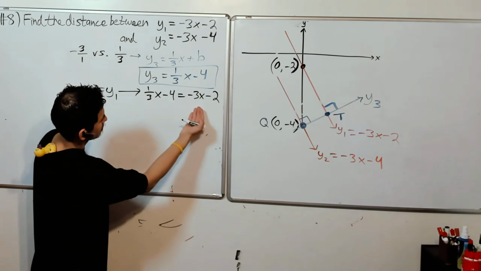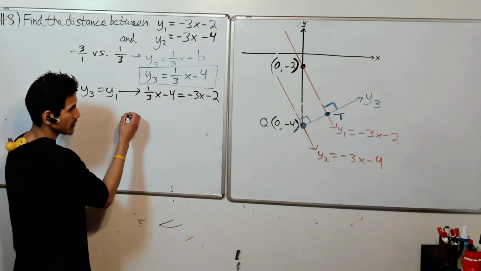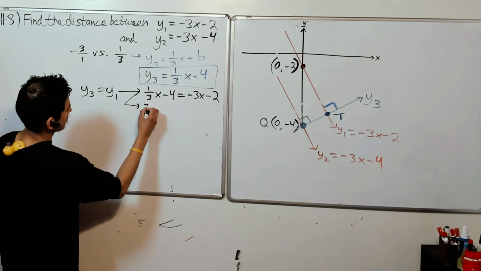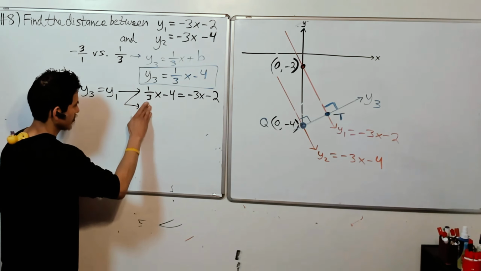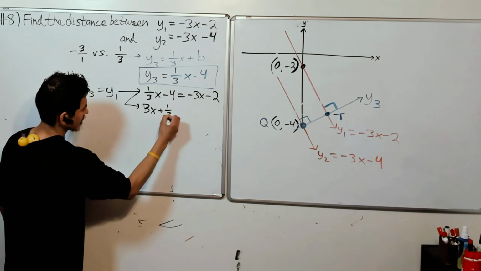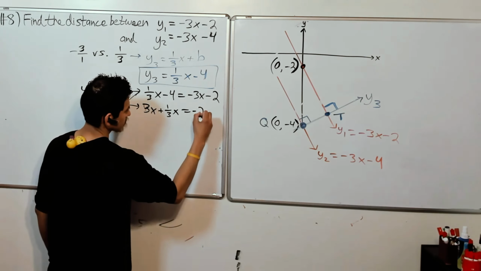So let's bring the x's to the left, and let me keep them separated at first, just so we can work it through step by step. So 3x plus 1/3 x on the left. Let's add that 4 to that -2.